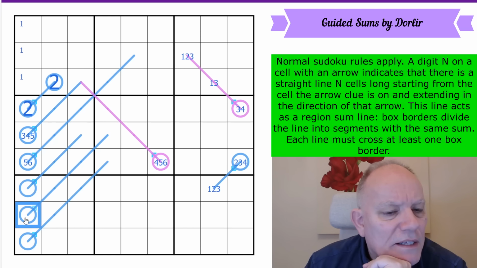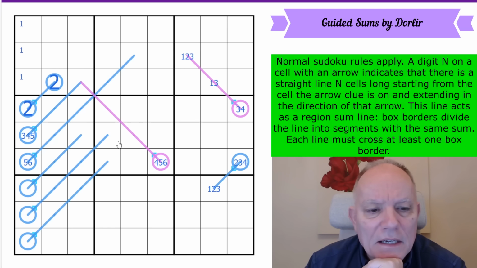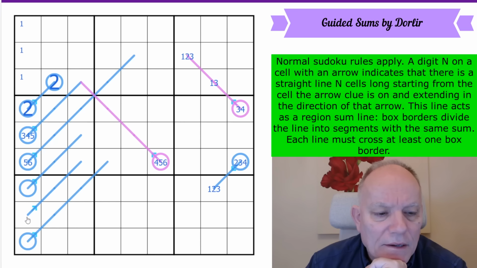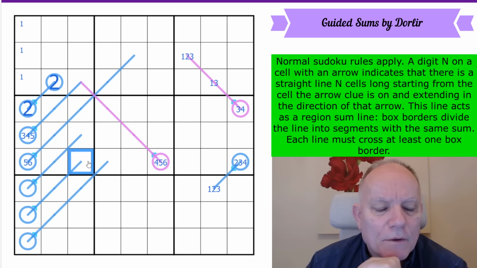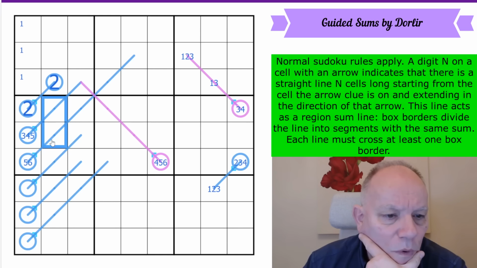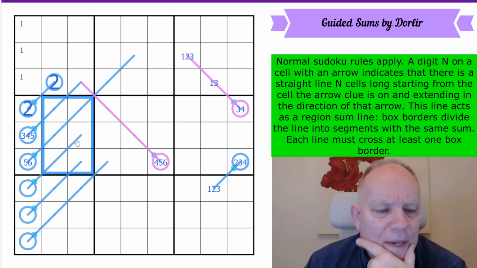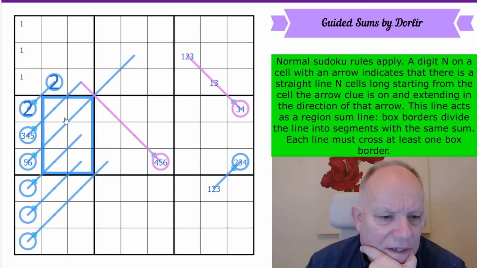Why have I said this digit has to go to there? I think that's a mistake. I don't see why it couldn't be a 3 and stop here. 3 plus that equals that. Now, I was thinking I'm going to have to think about where 9 goes on this line or something.